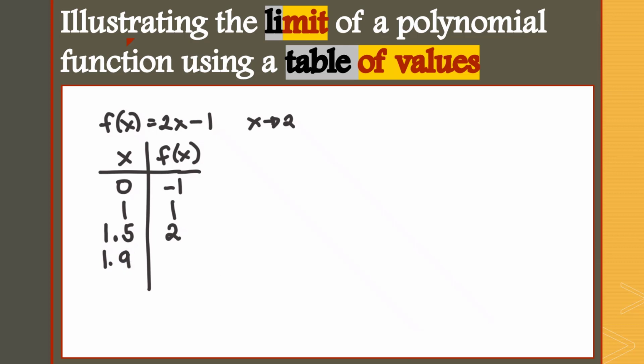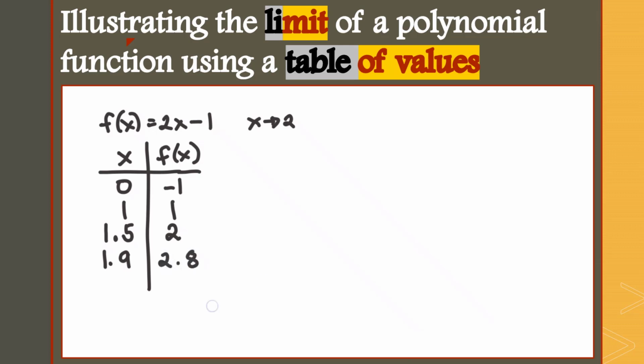Because our goal here is to show the possible values of our f of x as we approach 2. But we will not be touching 2. We are just going to use values closer to 2. In this case, 2 times 1.9 is equal to 3.8, minus 1, you will have 2.8.